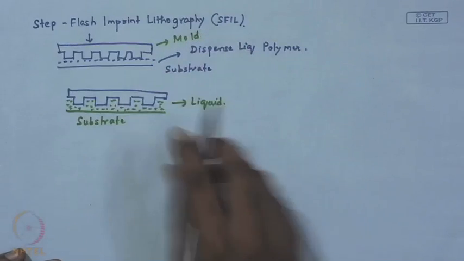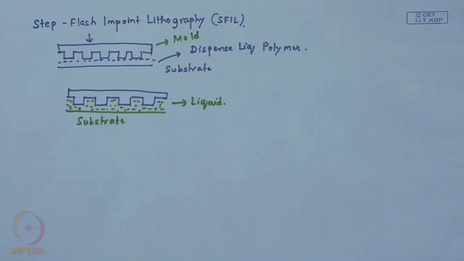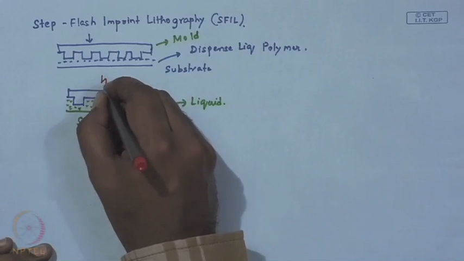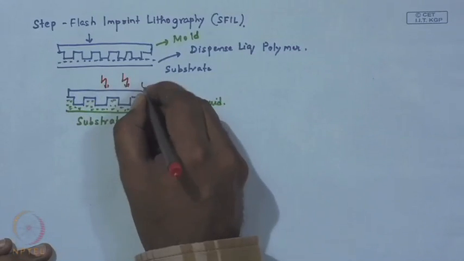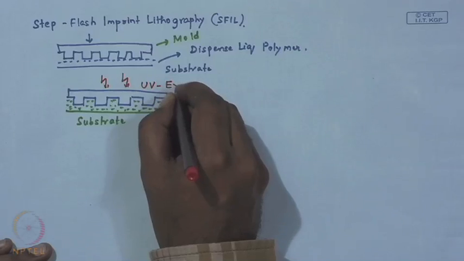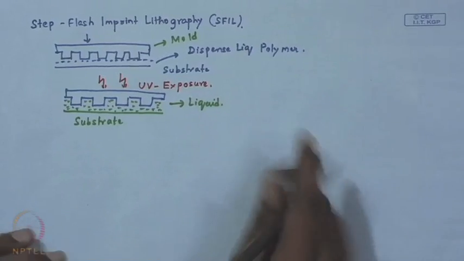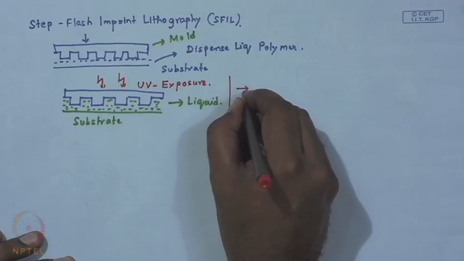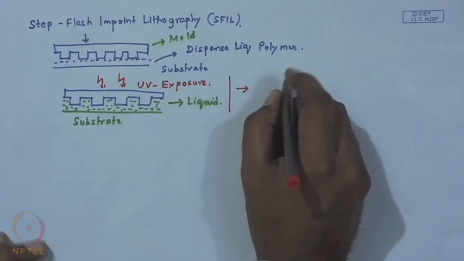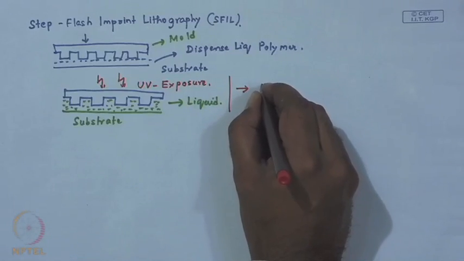So, once you are in this configuration, what is done in this method is that you do a UV exposure, and this UV exposure leads to polymerization or cross linking of the polymer.